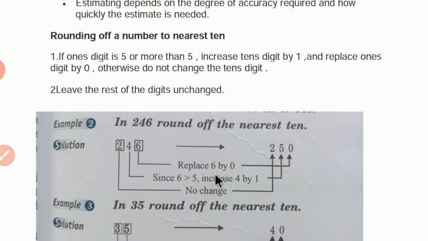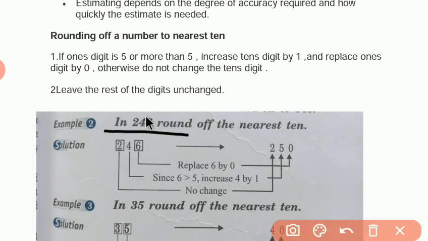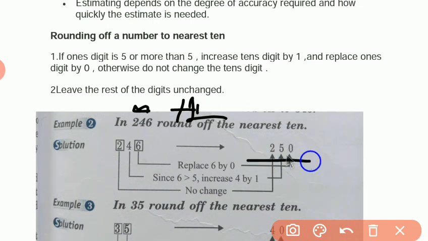There will be no change. So 246 is near to 250.